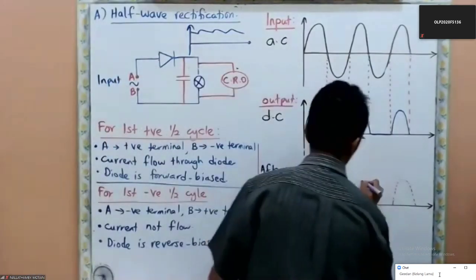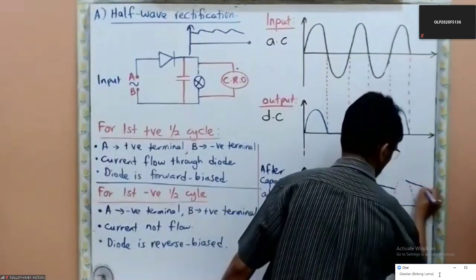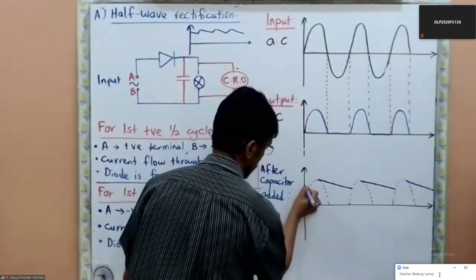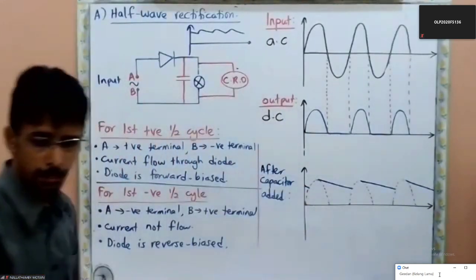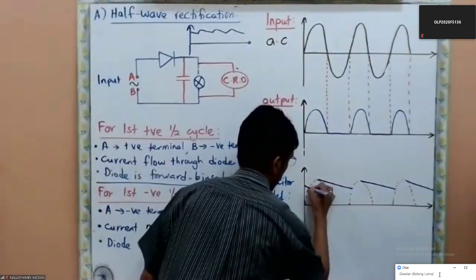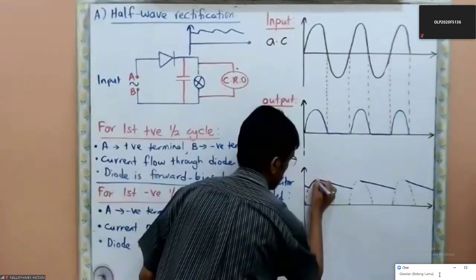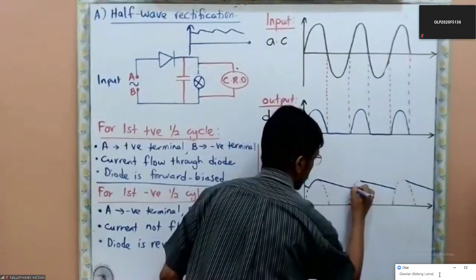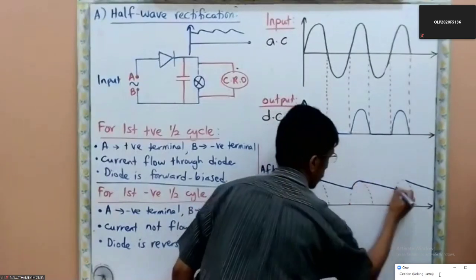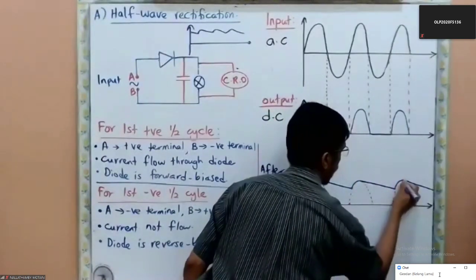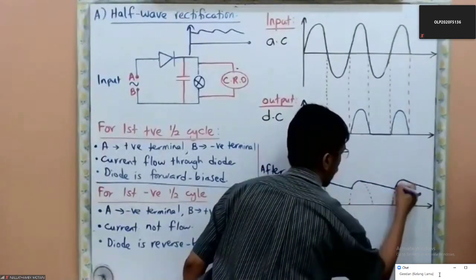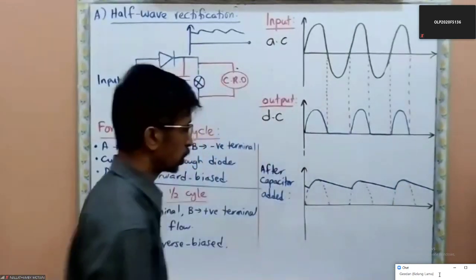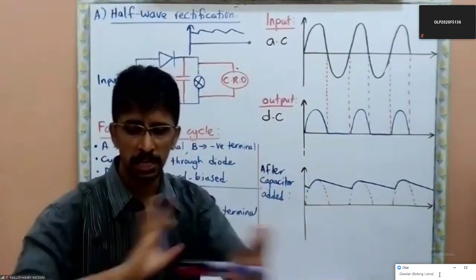Okay, so here from the peak, draw this, and then here. Then we join it. It becomes a waveform. Okay, so the dot lines, no need to erase, leave them.